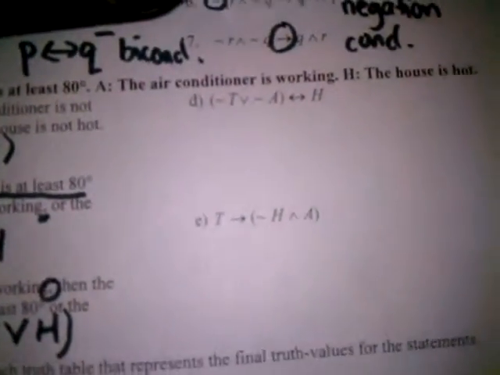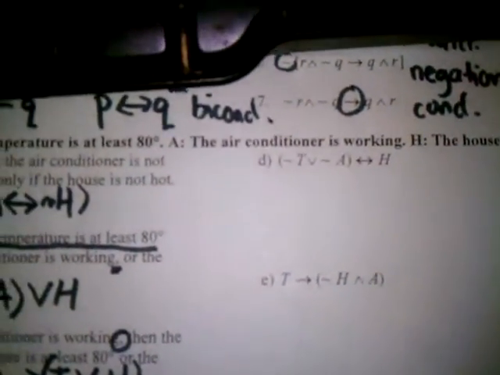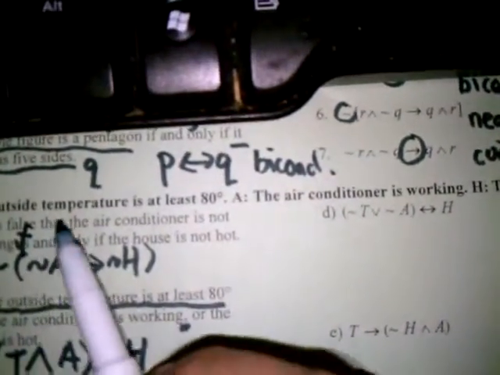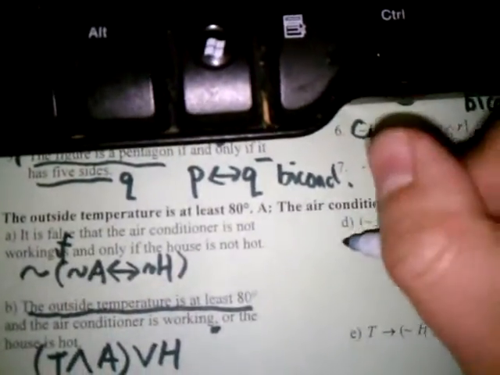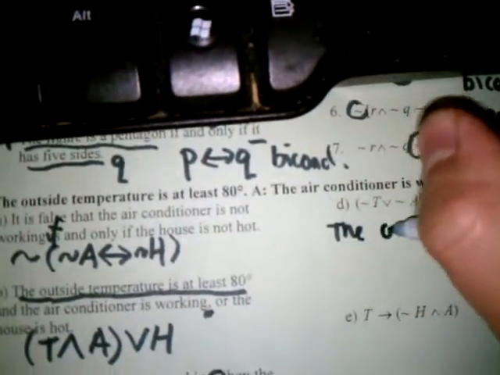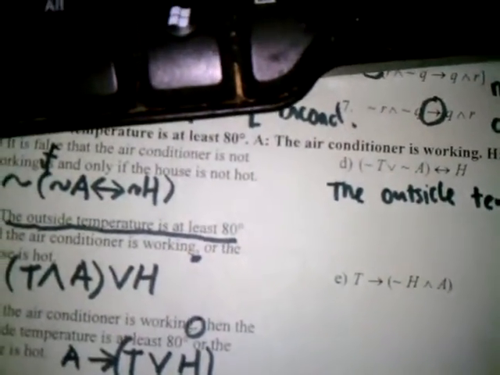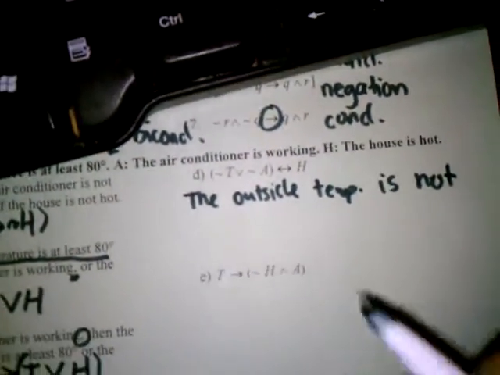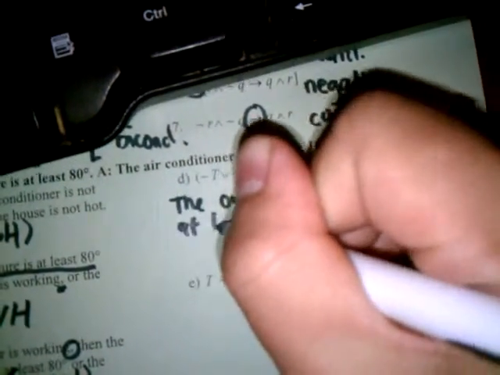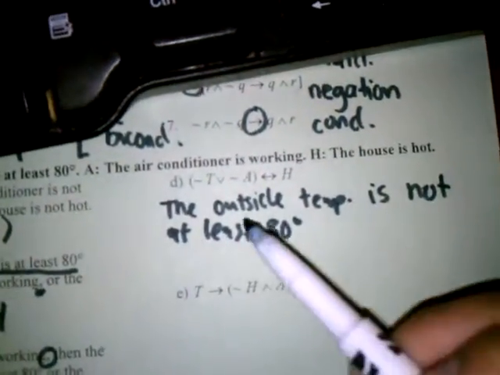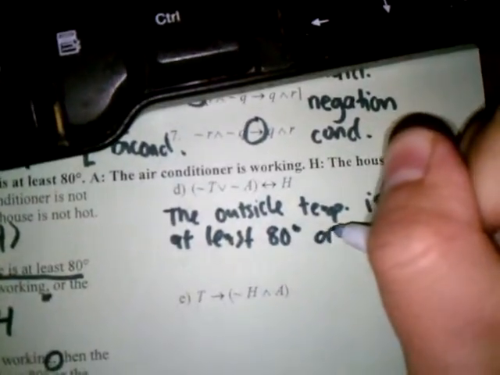For question D and question E, you have to write this in full sentence, in full English word sentence. So negation T here means that the outside temperature is not at least 80 degrees. And the V symbol stands for or.